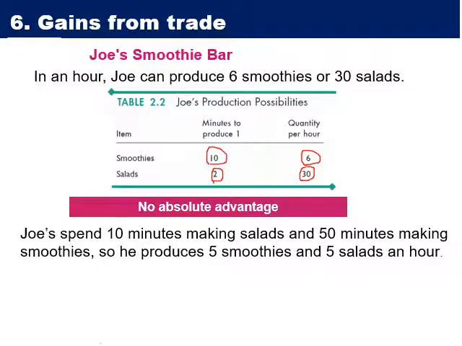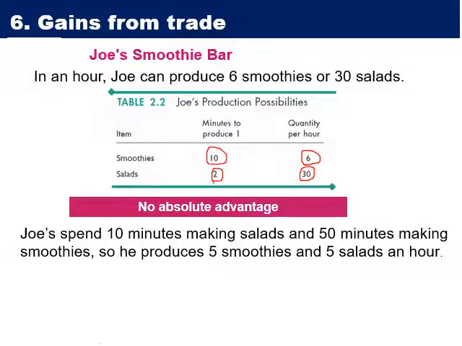If he divides his time between the two commodities, then he can spend 10 minutes to make salads, and in this case, he will make 5 salads, and he will use the other 50 minutes to make smoothies, which means that he will prepare 5 units of smoothies. This means that in 1 hour he can produce 5 units of each commodity.